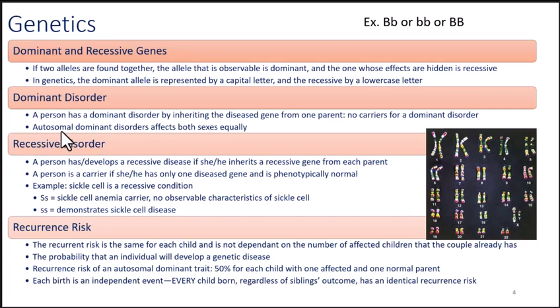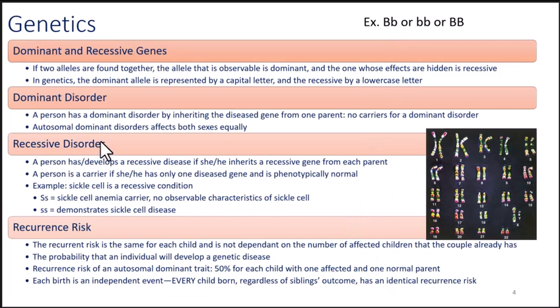We're talking about the autosomes. An example of an autosomal dominant disorder is called Huntington's. And if you have that disease gene, it will dominate over any healthy one that's present.